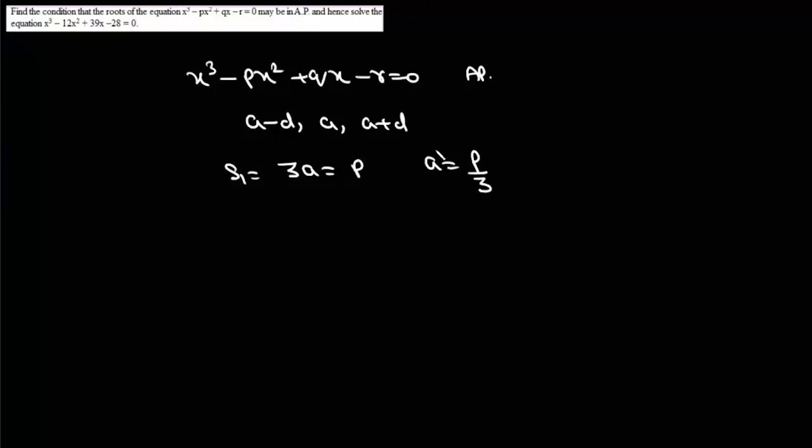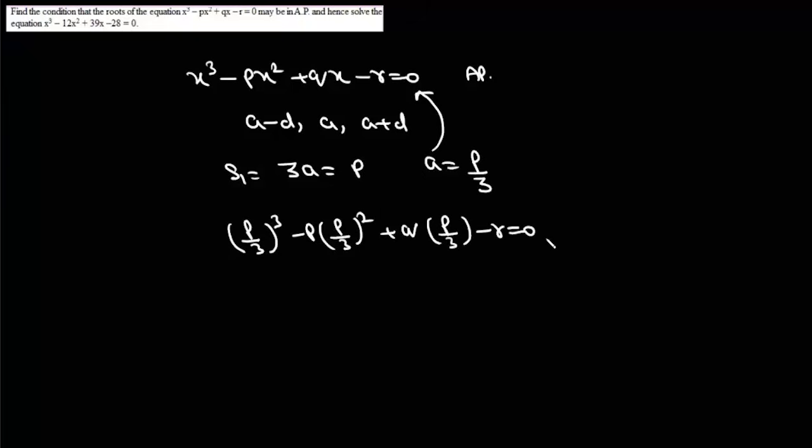Now since a is root of this equation, it will satisfy this equation, so we can write (p by 3) cube minus p (p by 3) square plus q into p by 3 minus r equals 0.